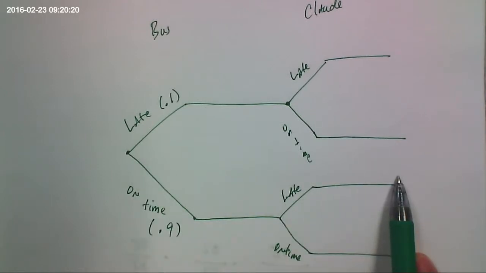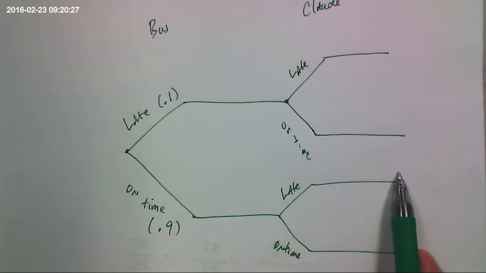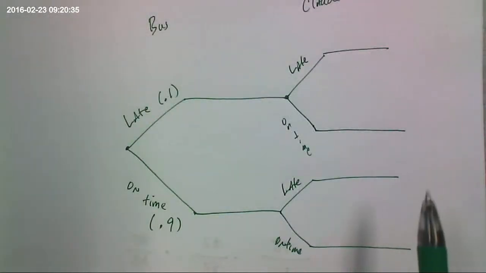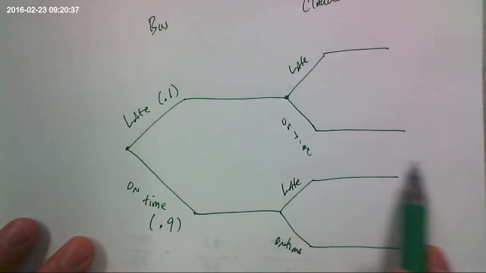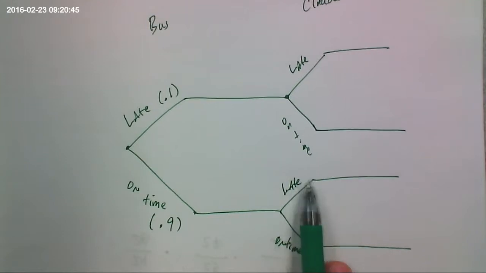Do you guys agree with that? You don't agree. This is why it's confusing, right? It's confusing interpreting what it's saying and putting it on a tree diagram. So I got some people that say the 0.05 is the whole branch. Some people think the 0.05 is just this part. Which is it? And how do we know? It's this part? Why?